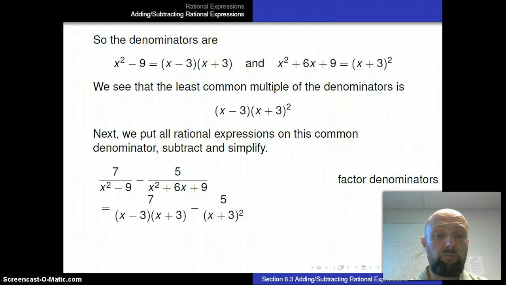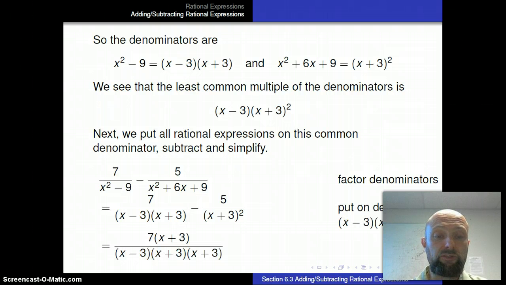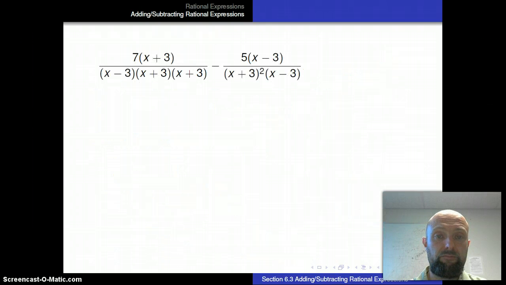Now we put both fractions on common denominator x minus 3 times x plus 3 squared. For the first fraction, we need to multiply numerator and denominator by x plus 3. For the second fraction, we multiply numerator and denominator by x minus 3. Since we have the same denominator, we can just subtract the numerators.